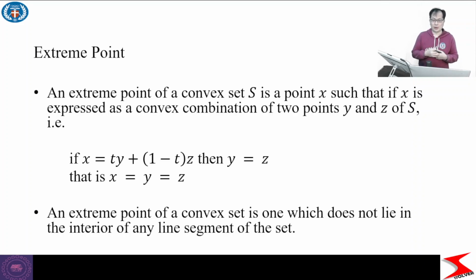Now we talk about what an extreme point is.